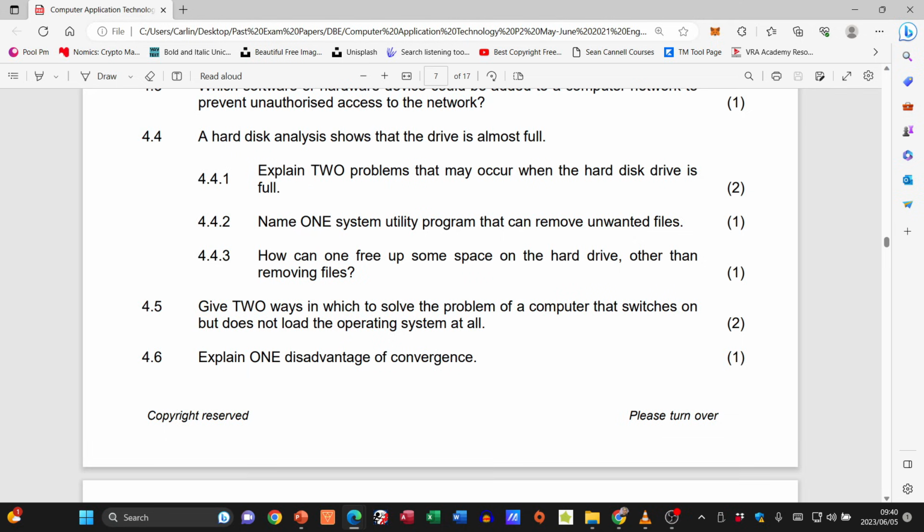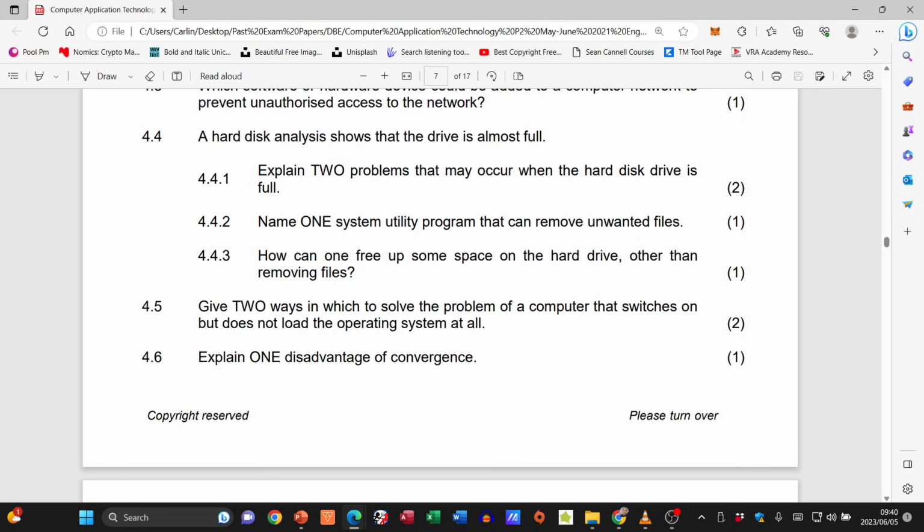And I could also do a startup repair. So you could use answers like reseating all the cards, checking for faulty hardware, and doing a reinstallation of the operating system, or doing some sort of boot up or startup repair as well. You could use any one of those options.